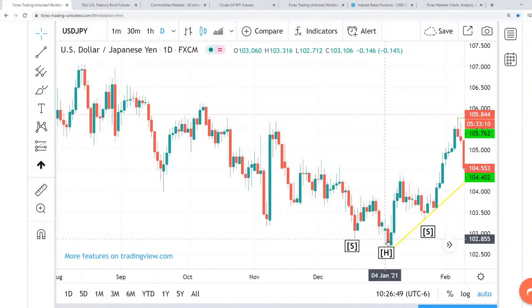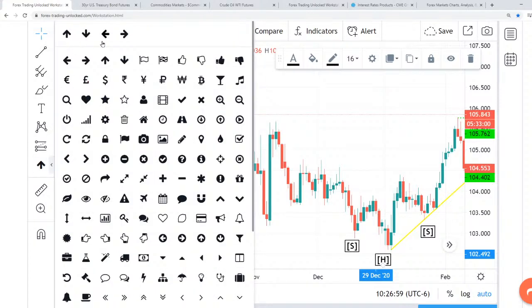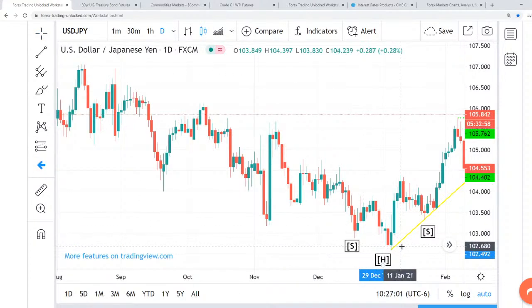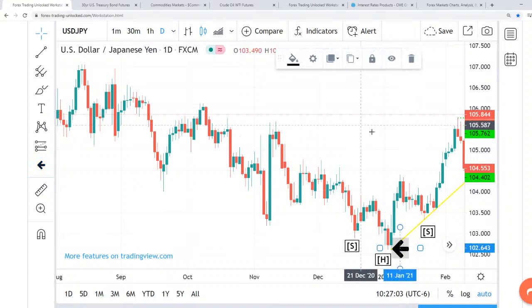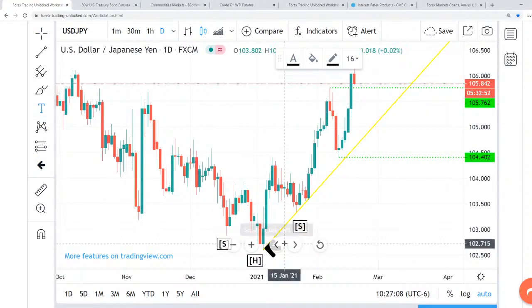So you see this low right here. Let me get this high out of the way. Okay, so here was the low. This low right here is called a piercing line. That is a buy signal. Okay, so let me put a little arrow here, and then let me put this right here.